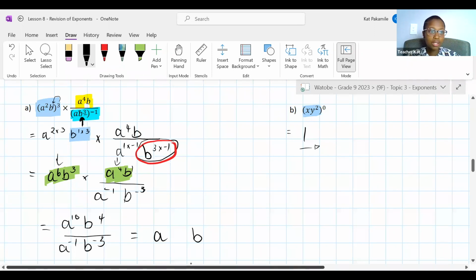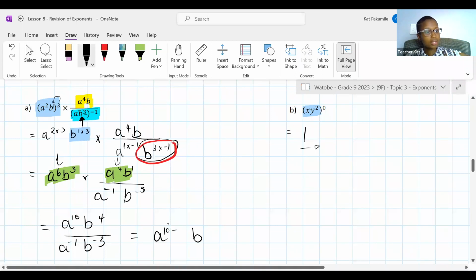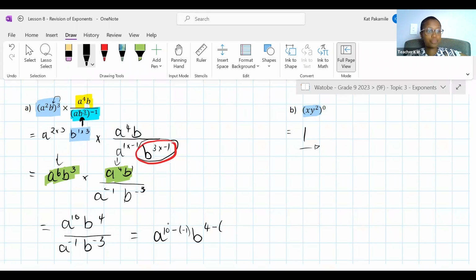So you subtract them: the one at the top minus the one at the bottom. So it's 10 minus -1. And then for B, it's going to be 4 minus -3, because there's a -3 at the bottom. You see that? Yes.